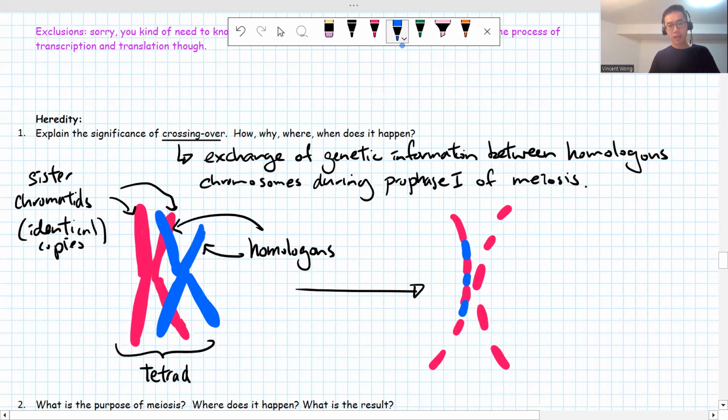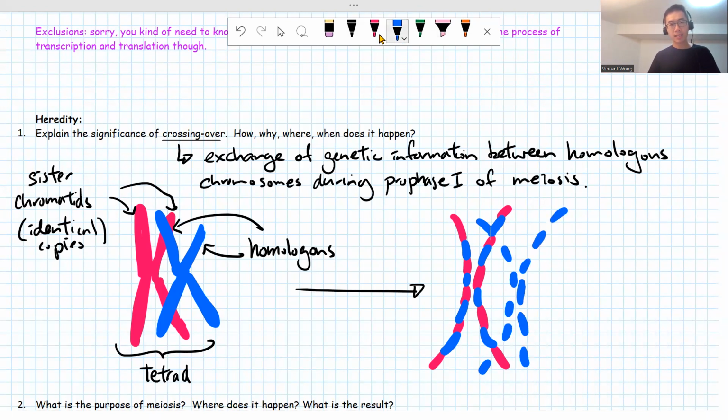I know in class I just showed you a little bit of blue at the bottom, but I really want you to understand this process is happening throughout the entire chromosome. In the end, you have this chimera, this blend of red and blue.